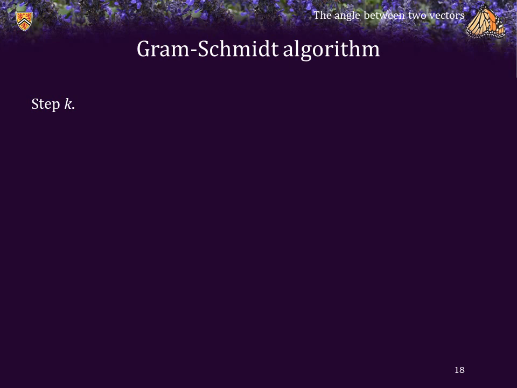Now, suppose we have already applied the Gram-Schmidt algorithm k-1 times, and we now have a kth vector that we would like to add into this collection of normalized and mutually orthogonal vectors.